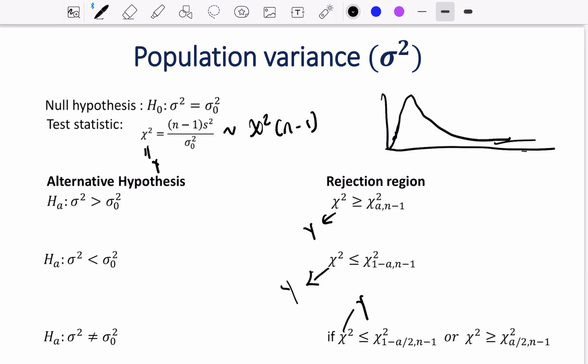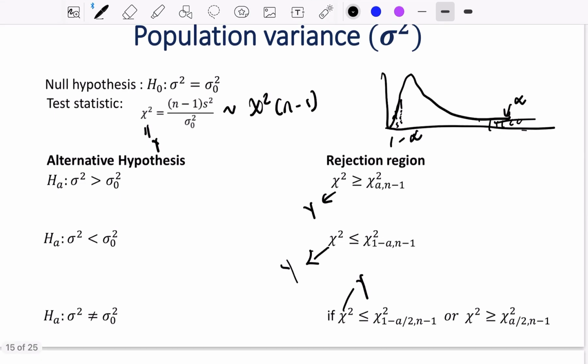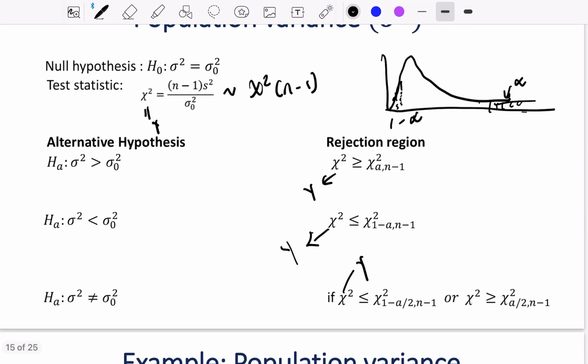All right. So remember the area to the right, that's our alpha, okay? And there's another one there, this one would be 1 minus alpha, right? Okay. So this is for an upper tail test. We would reject if our test statistic value, which is y or chi-square there, is greater or equal to this value there, okay? Because it makes sense there.